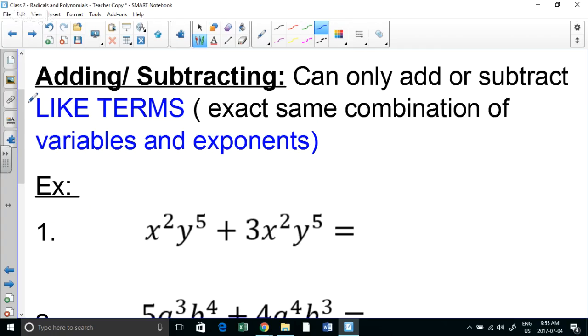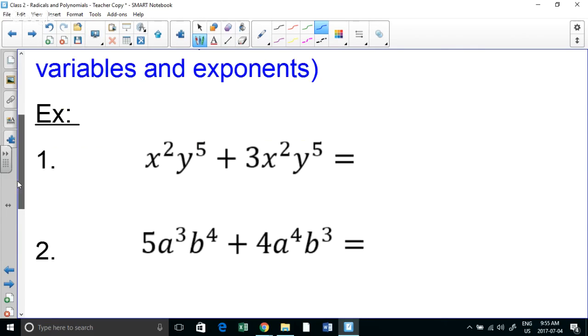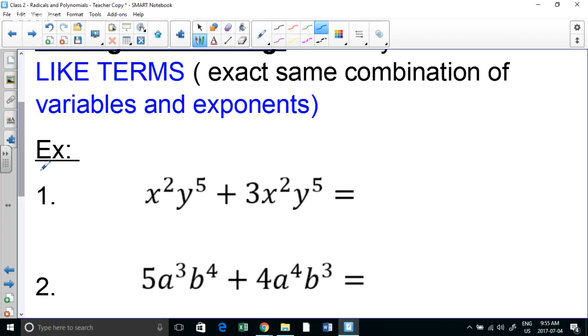So, like we said with radicals, you can only add or subtract like terms, which means that you have the exact same combination of variables and exponents. Once you do that, you just add the coefficients. For instance, here we have an xy combo.